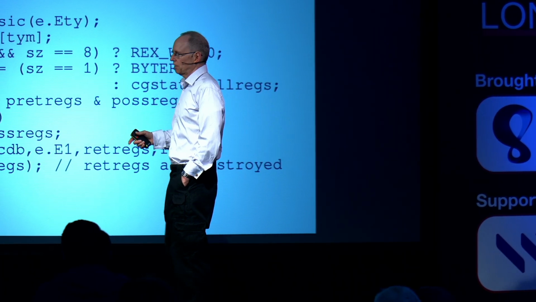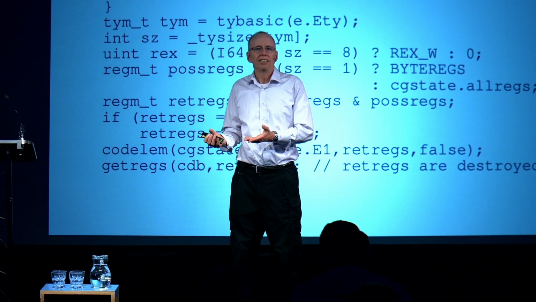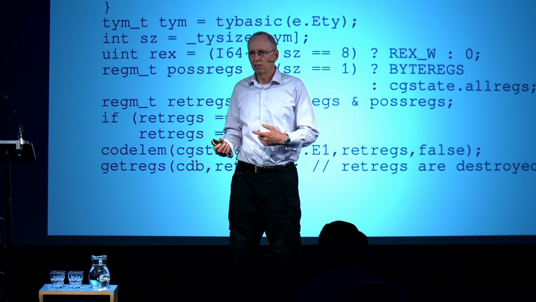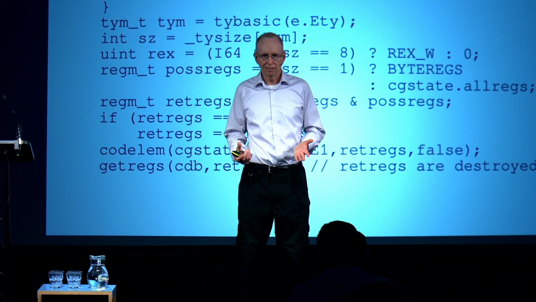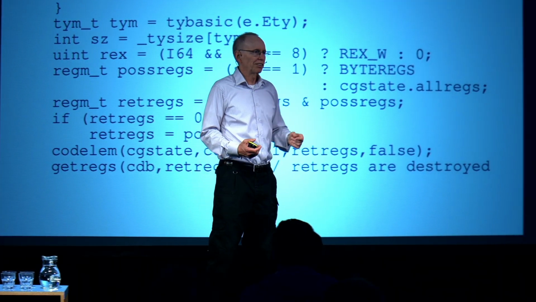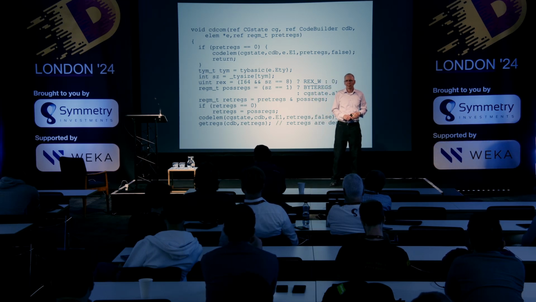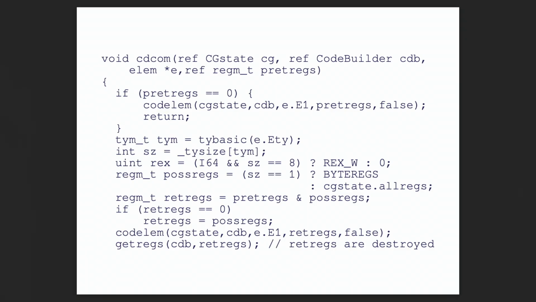Oftentimes there's a list of registers which will work fine to get the result in, or there may be a single bit set in it saying I have to have the result in this register. And there's another bit in there for the flags saying I want the result in the flags, which also influences how the code generates. Since it's a ref variable, it's updated, and what it's updated to is where it actually wound up.